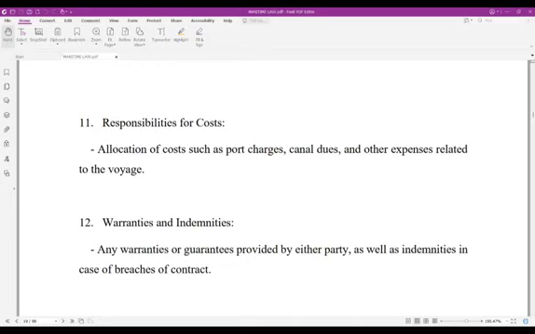Next is warranties and indemnities. Any warranties or guarantees provided by either party, as well as indemnities in case of breaches of contract.